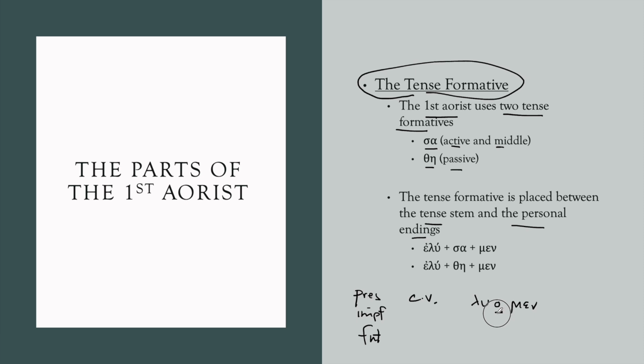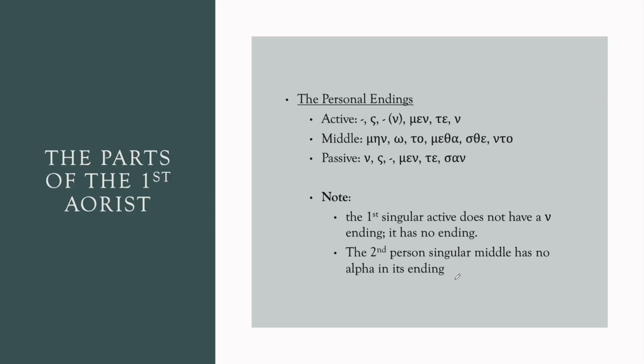Okay, that's the connecting vowel. Well, because we have these vowels linked to the tense formative, we no longer need the connecting vowel to connect the verb stem with the personal endings. So connecting vowels are not needed in the first aorist. They're gone. And of course, the personal endings get stuck on.